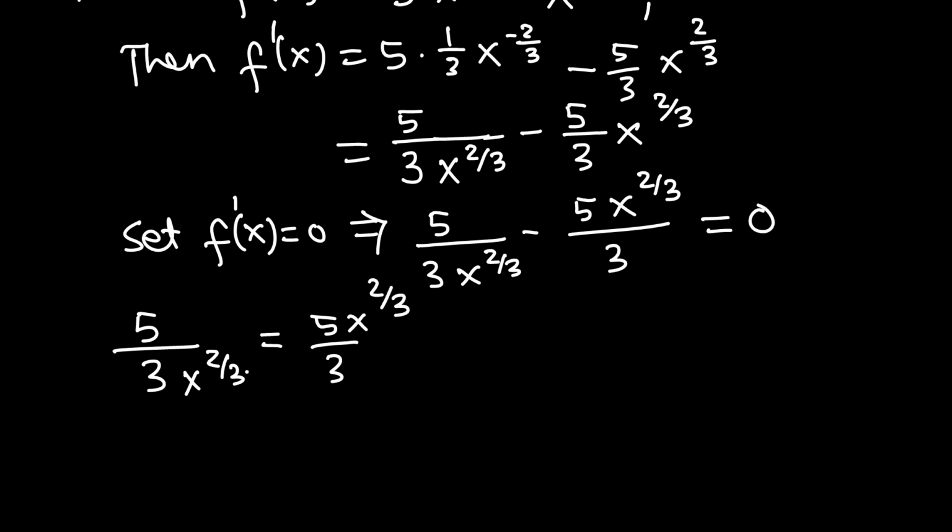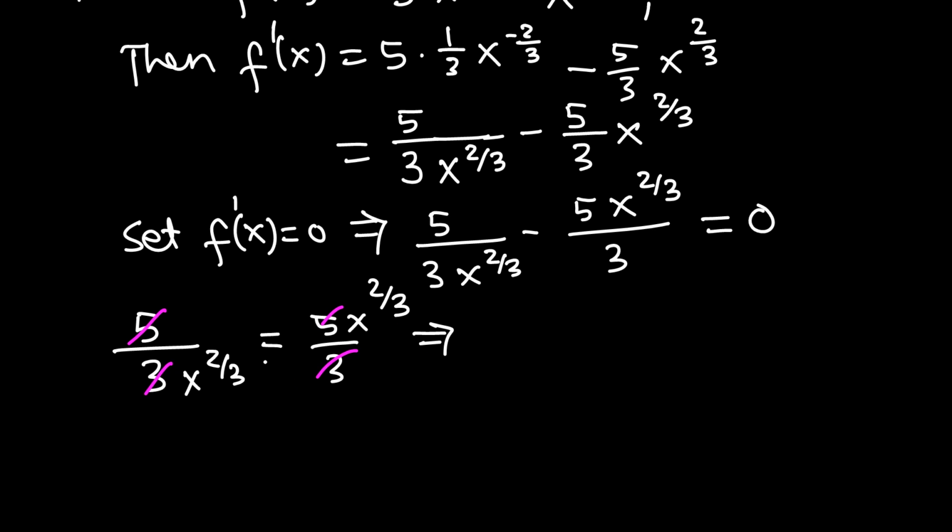Okay, let's cross multiply. That means 5 times 3, 15 equals 3 times 5, 15. So in fact, 15 in the left hand side, 15 in the right hand side, we can cancel 5, 5, 3, 3. Because if we multiply, we're going to get 15 equals 15 something. So here, this is 1 equals something.